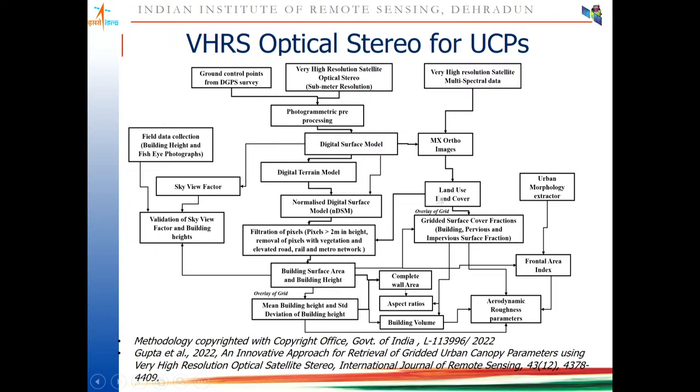Now using land use land cover, the graded surface cover fractions were calculated, like building, impervious and pervious surface fraction. And when we get this building height, then mean building height and standard deviation of building height, and all aspect ratios like complete aspect ratio, BSAPR, height width ratio, building volume, were computed using morphometric equations.